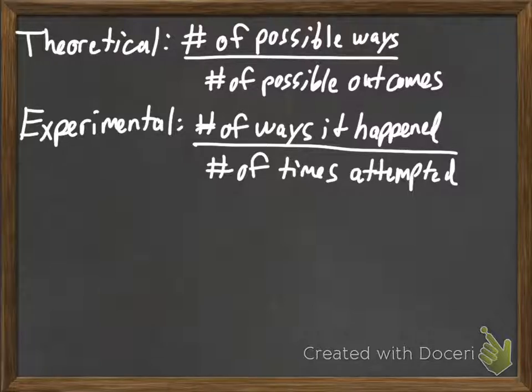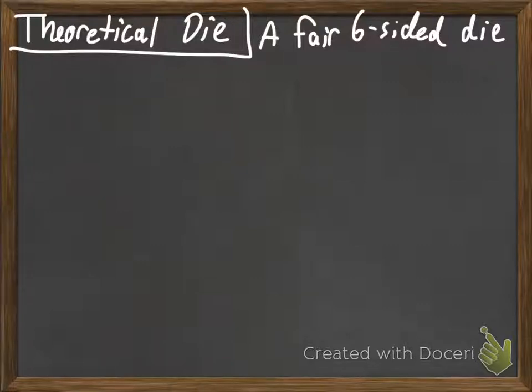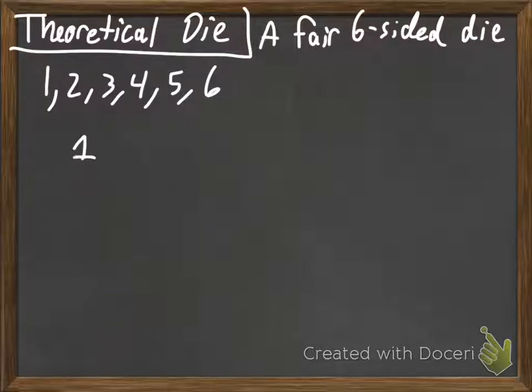So let's go ahead and look at a couple of examples. For theoretical, let's work with a fair 6-sided die. It's got 1, 2, 3, 4, 5, 6 on it. When you roll it, you have the possibility of getting a 1, 2, 3, 4, 5, or 6. Theoretically, the possibility of rolling a 1 is 1 out of 6.